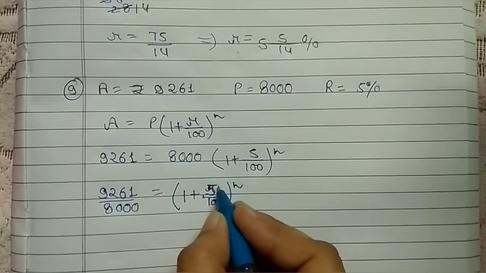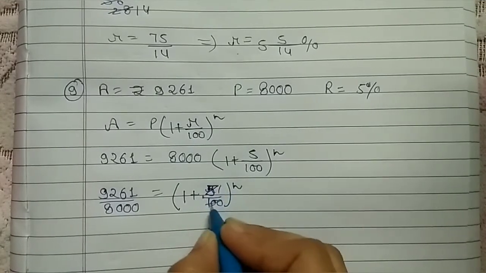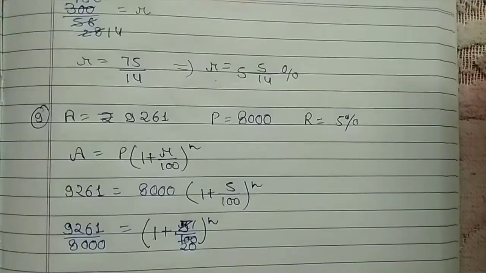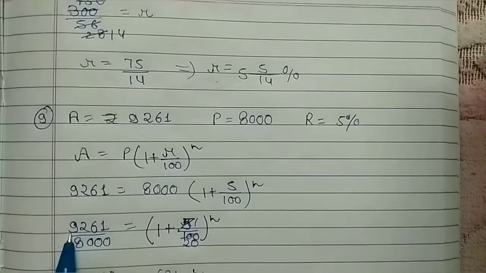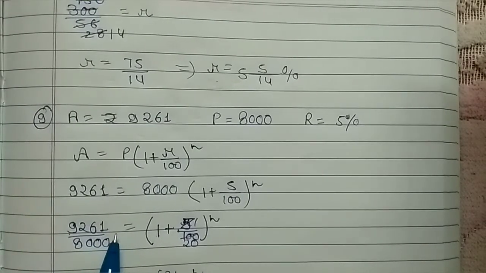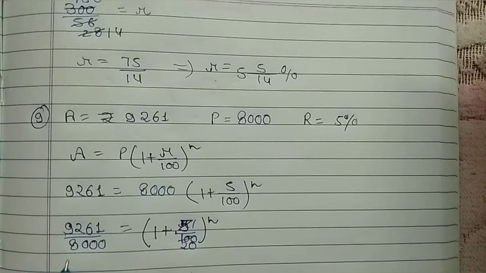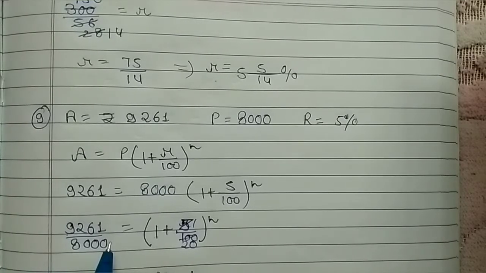Here we will reduce it. 5 1s are 5, 5 20s are 100. Cube of 21 is 9,261 and cube of 20 is 8,000.